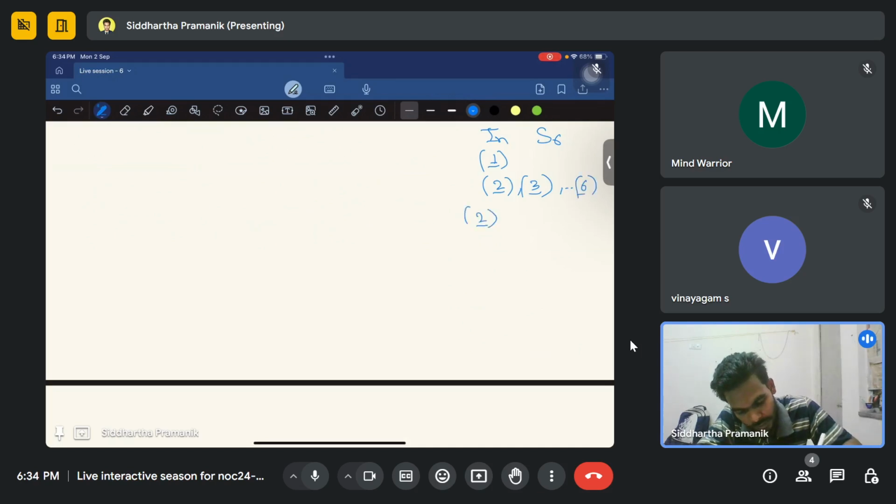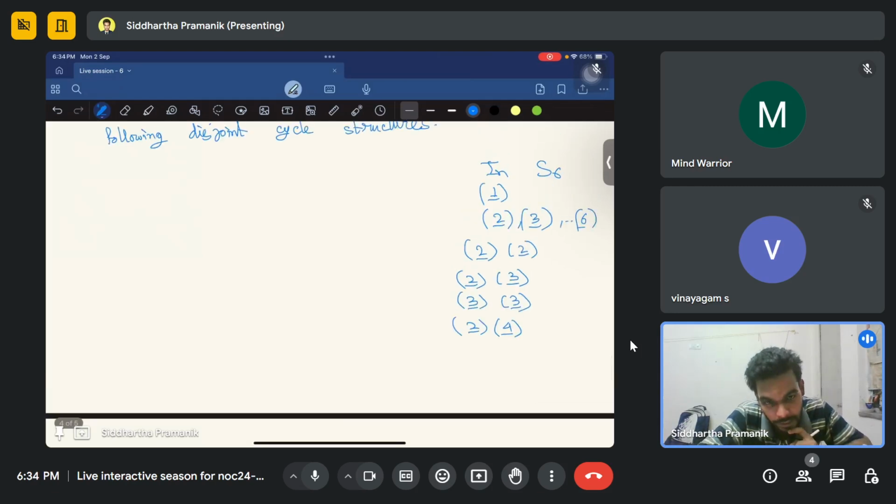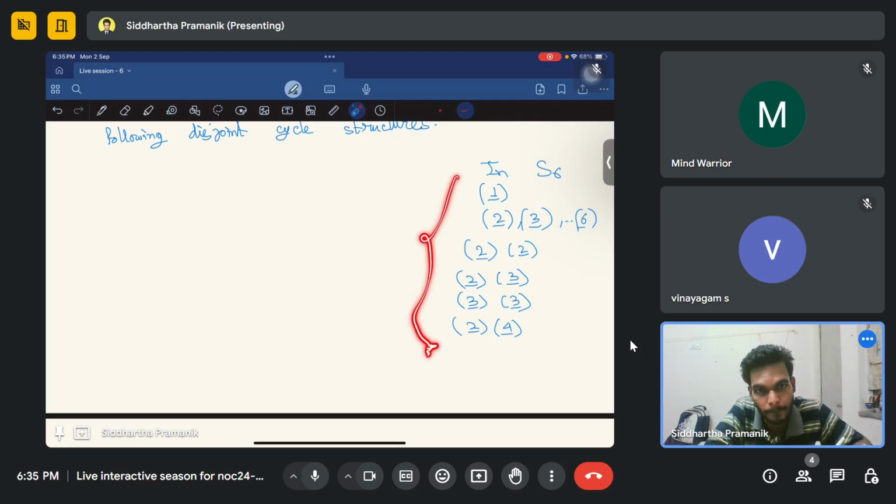Product of two 2-cycles, product of a 2-cycle and a 3-cycle, product of three 2-cycles, and what else is there? Product of a 2-cycle and a 4-cycle. Anything else? So these are all the possible cycle structures in S6, right?